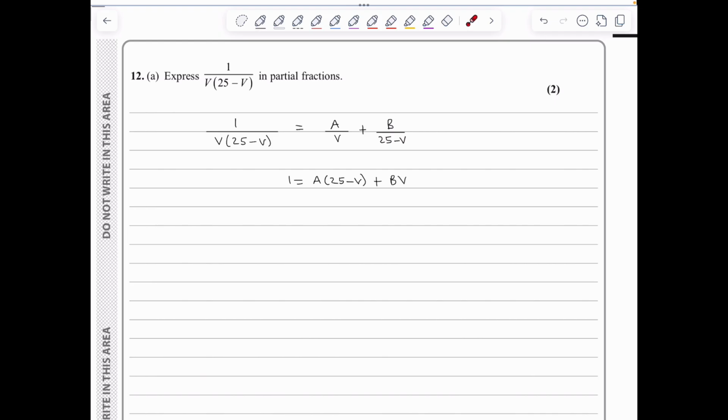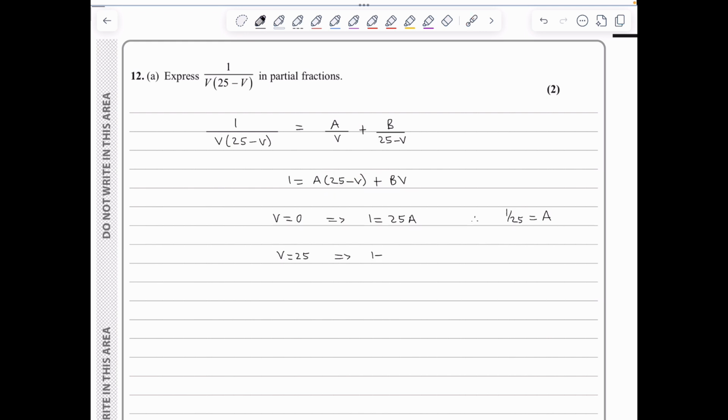Now we know that this holds true for any value of v. So if I substitute v is equal to 0, I get that 1 is 25a, and therefore 1 over 25 is the value of a. And if I put v to be 25, we get that the 25 minus v is 0.